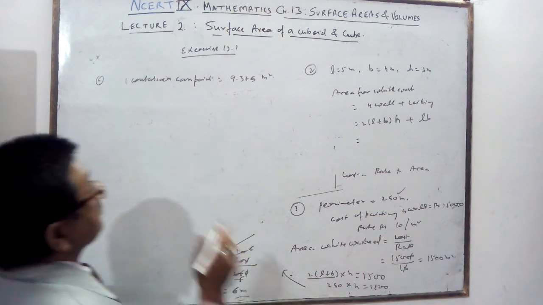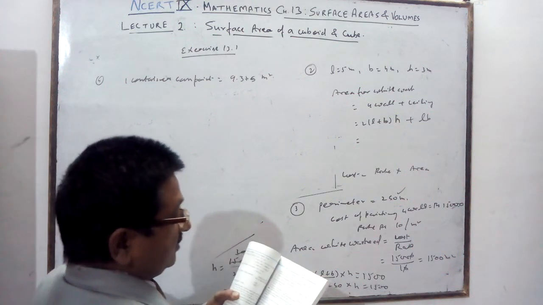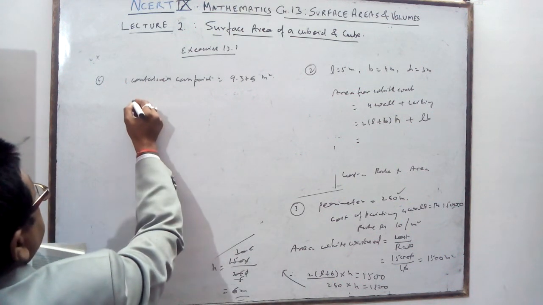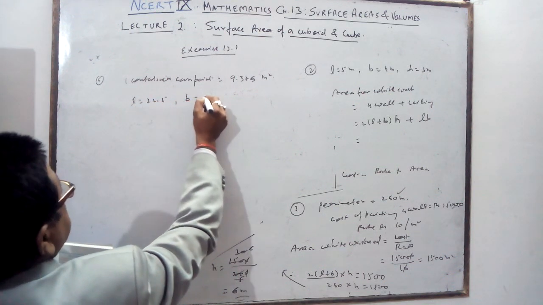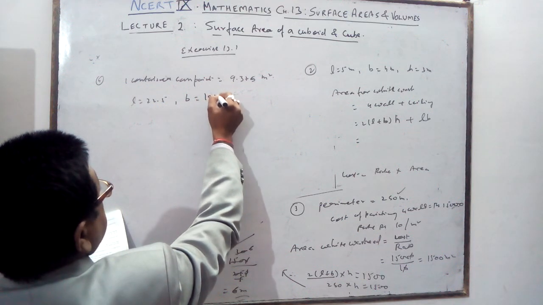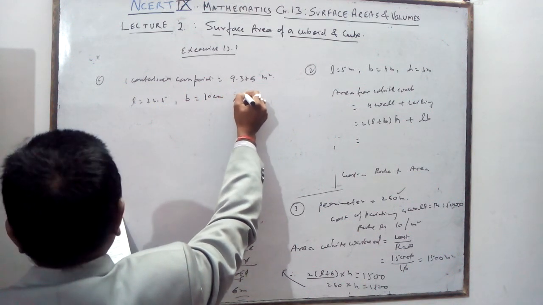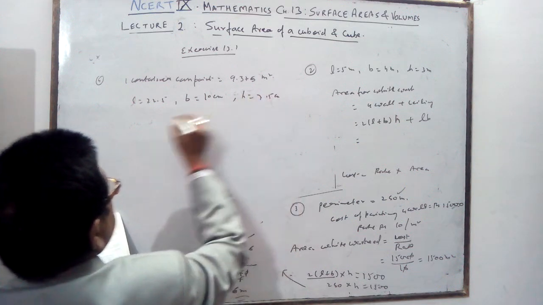The area is given in meter square, and the brick dimensions are given in centimeter. Length is 22.5, breadth is 10 centimeter and height is 7.5 centimeter.